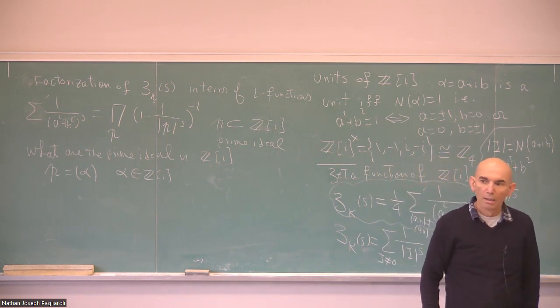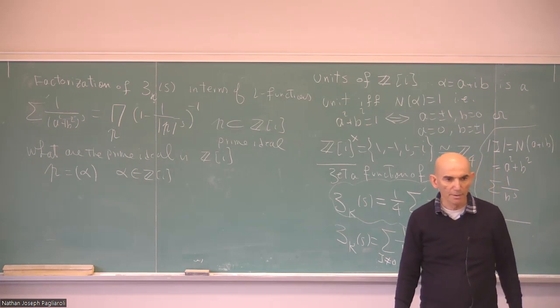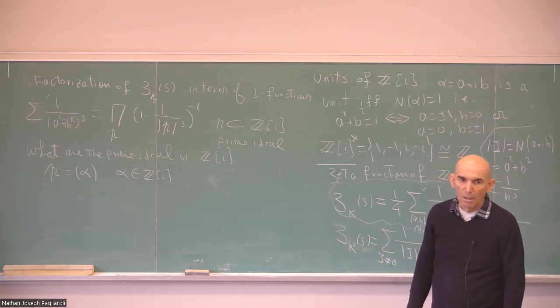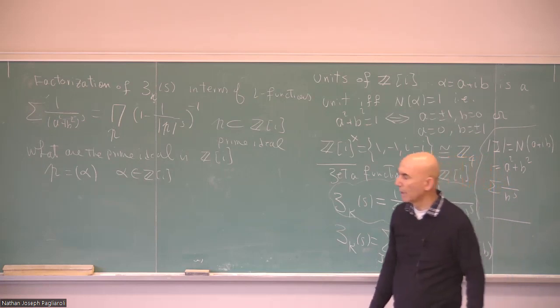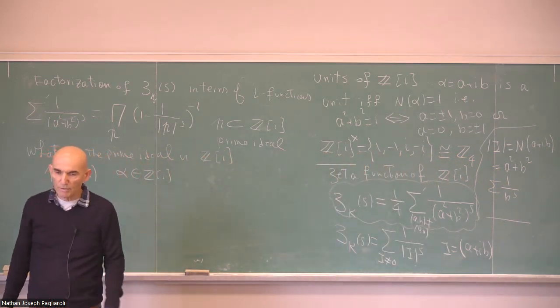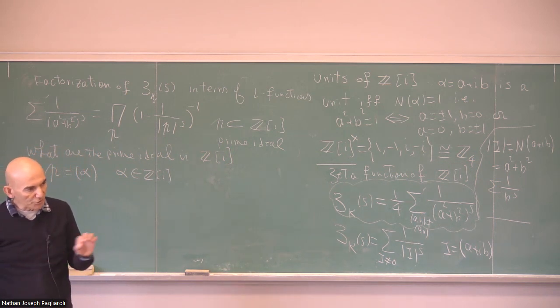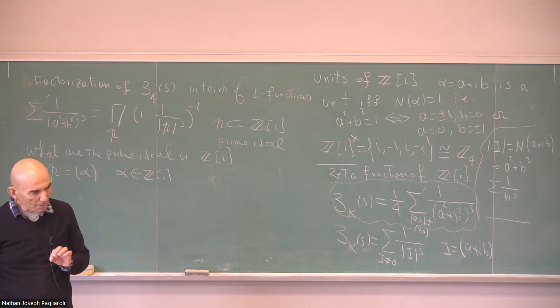Any questions before, is that clear what I'm saying? Good. Okay, so the way this goes is like this. We take primes in the integers, integral rational primes, in other words, and we look at them inside Z[i], and we'll see if they stay prime there or not.